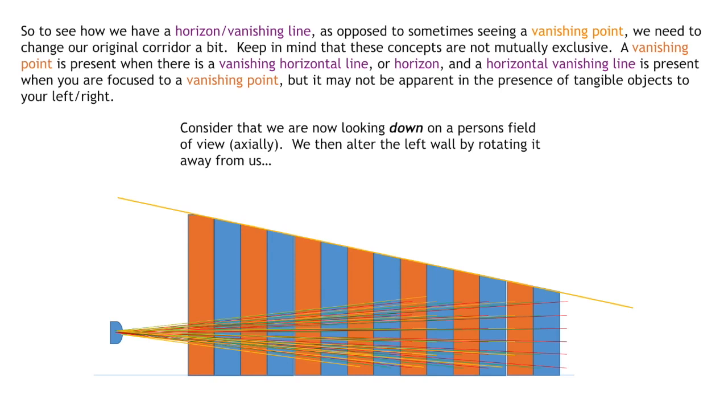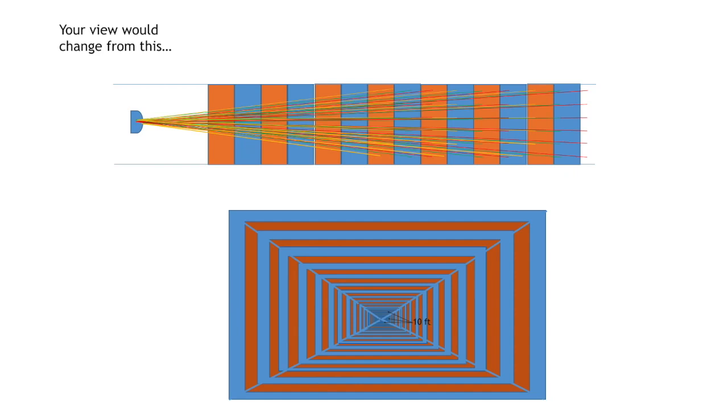So consider that we are now looking down on a person's field of view axially. We then alter the left wall by rotating it out and away from us. Your view essentially would change from this, which is our side-on view, and our one-point perspective view.